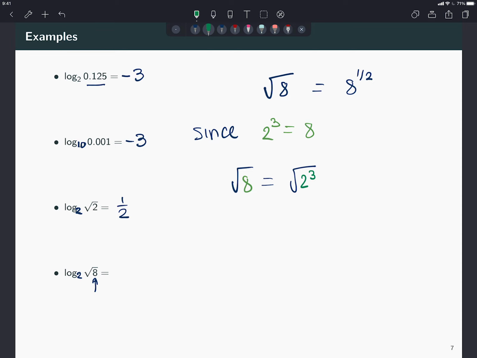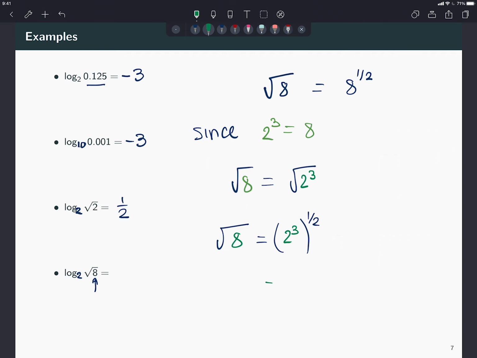And now use the fact that we know, again, that the square root I can use as a power of 1/2. So I'm writing the root of 8 is 2 to the 3 to the 1/2.